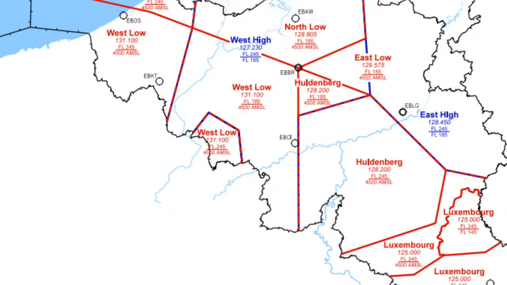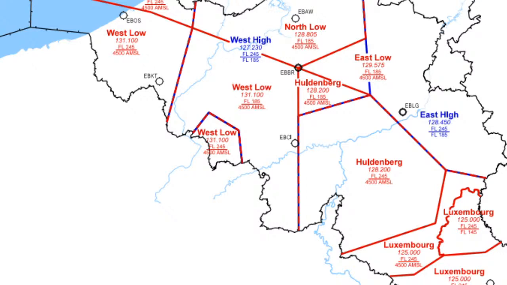So you see that it's actually a construction of sectors that are next to each other and above or below each other, so that basically the whole sky of the FIR is covered by air traffic control.